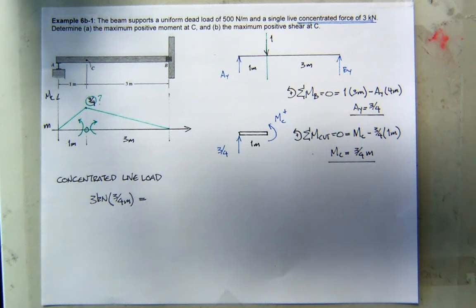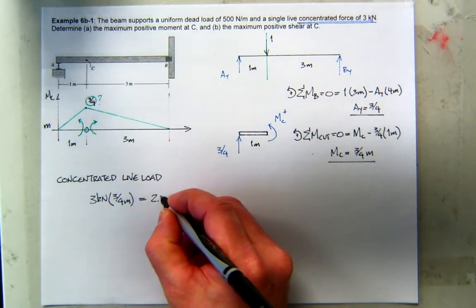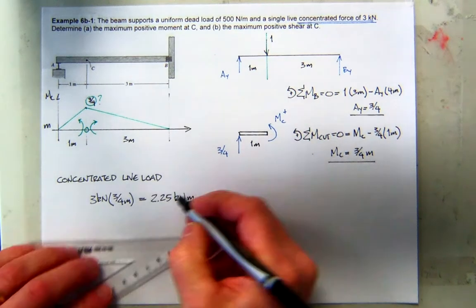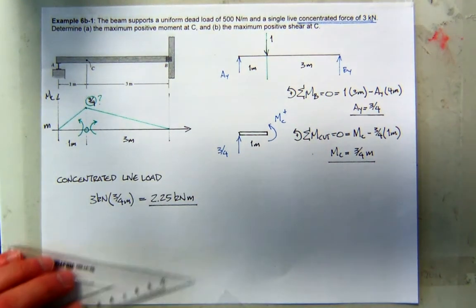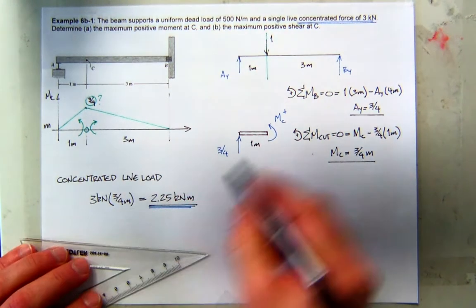Is that right? 9 divided by 4? 2 1/4? Yeah. And that would be kilonewton meter. And I'll put a blue line on there to show you that blue matches that.